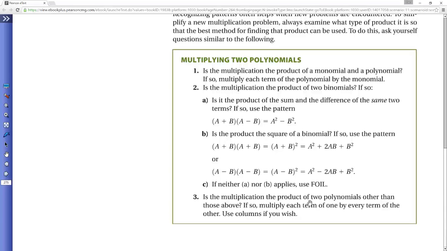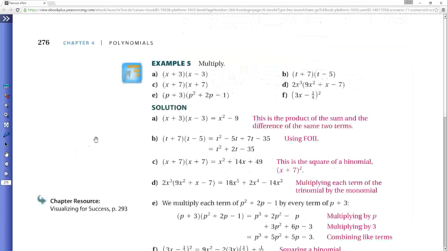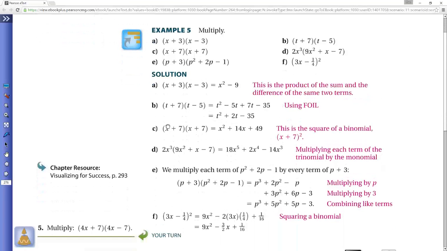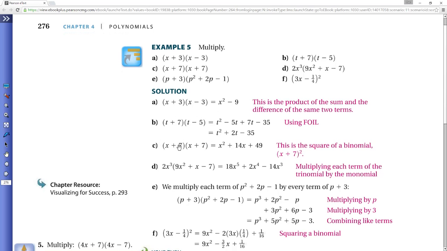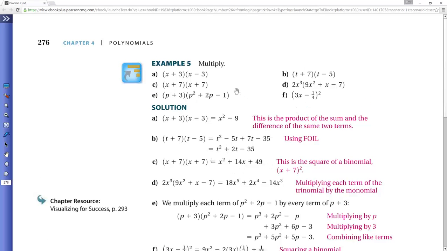And if the multiplication is a product of two polynomials other than above, then we basically use the distributive property. They talk about setting up columns as a great way to organize your work. It's a very good strategy, and hopefully will reduce the amount of errors. And that's it. Again, I can't emphasize enough that it's important to remember these special products, especially when we get into factoring.